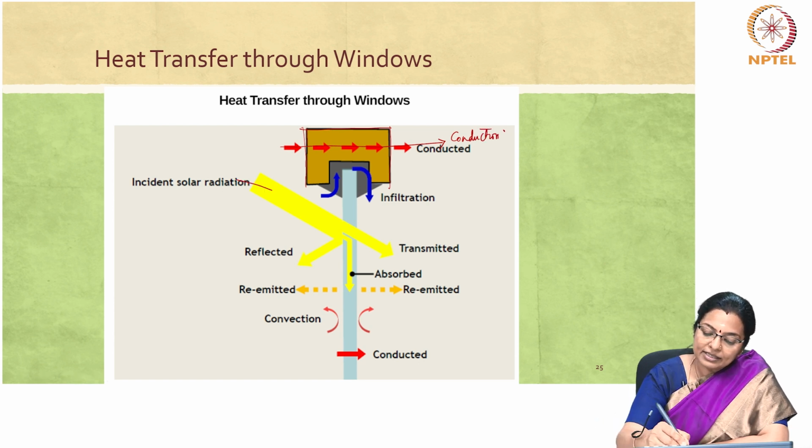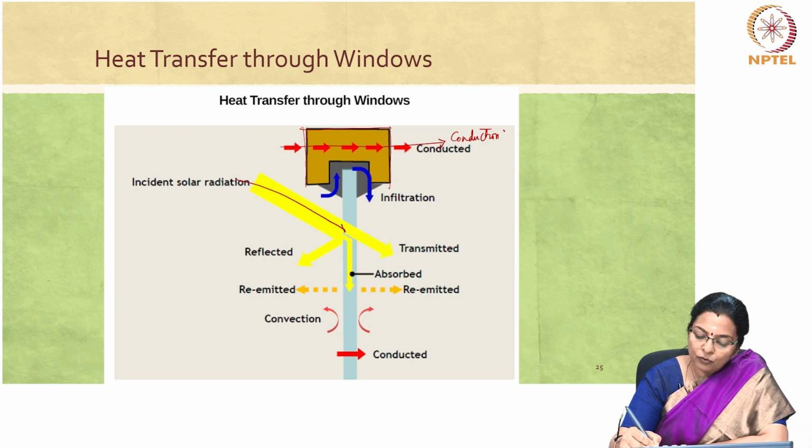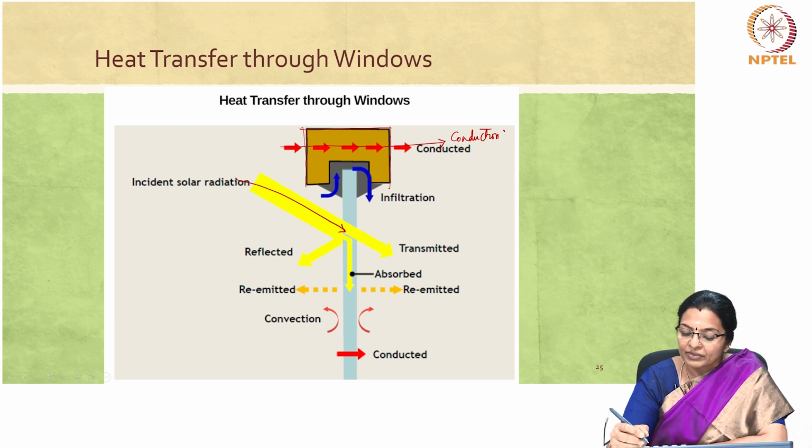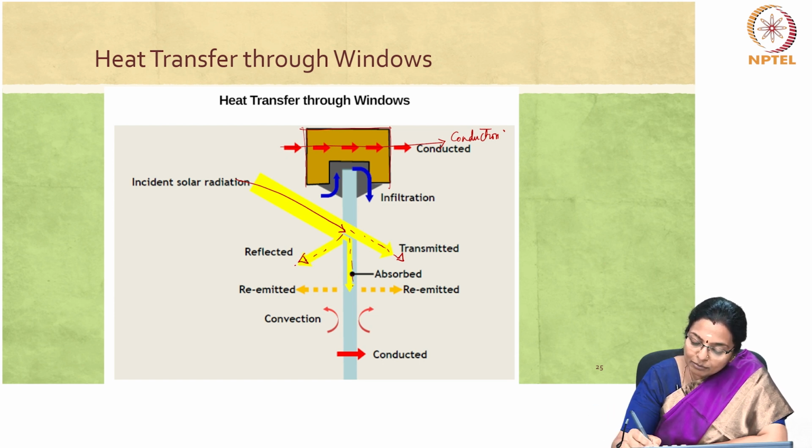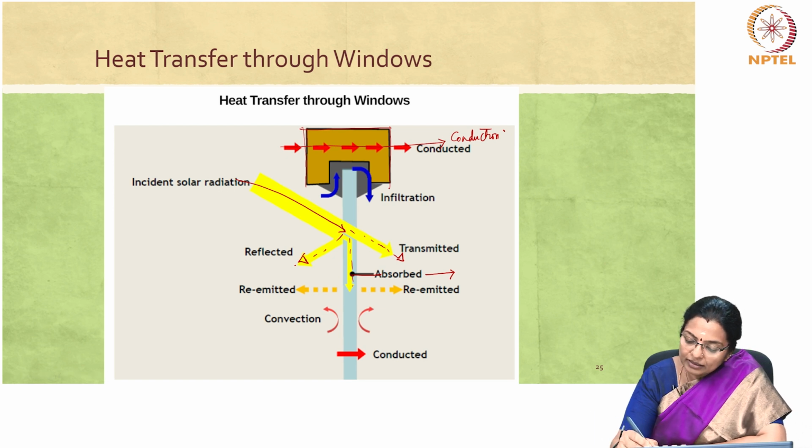Then the incident solar radiation which falls on the glass, that partially gets transmitted, partially gets reflected and partially gets absorbed by the glass, which in turn could get conducted to the room, air near the room.